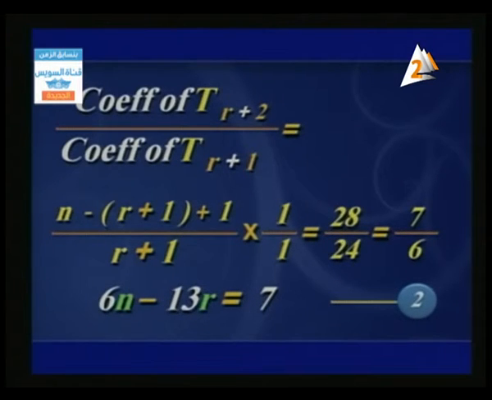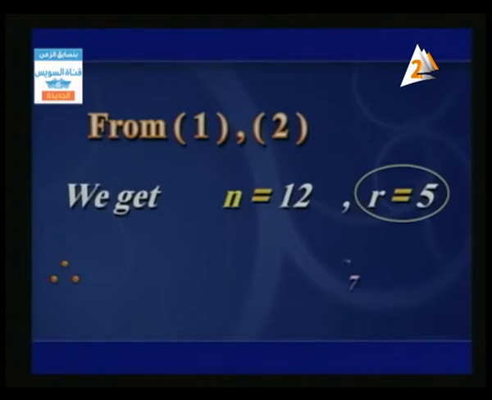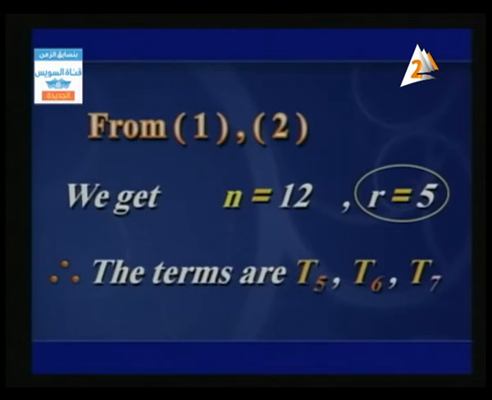Therefore, 6n − 13r equals 7, and this is equation number 2. From 1 and 2, we get n equals 12 and r equals 5. Then the terms are T5, T6 and T7. Now, let's go to another example.